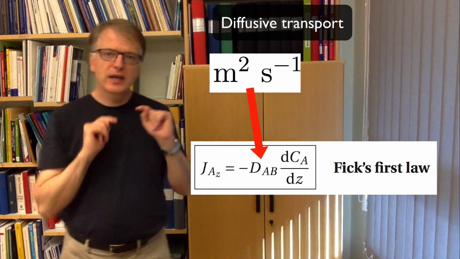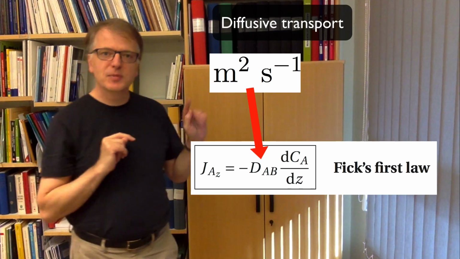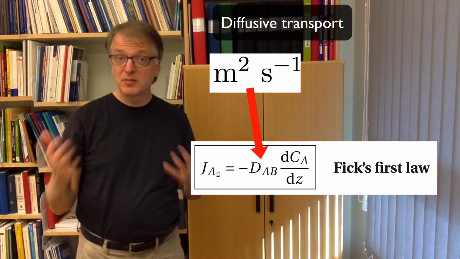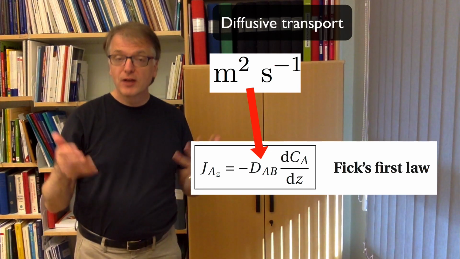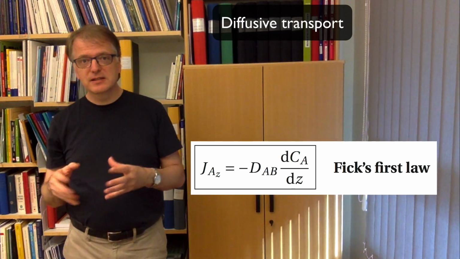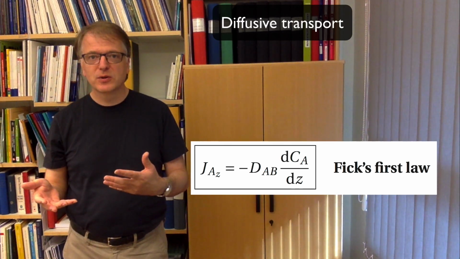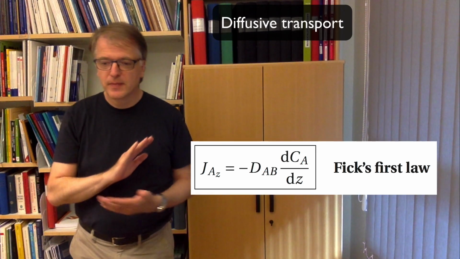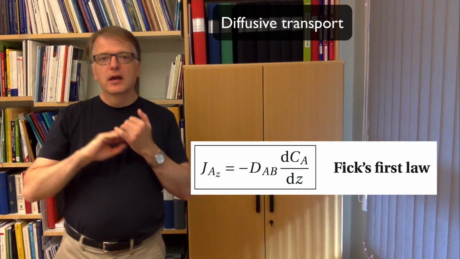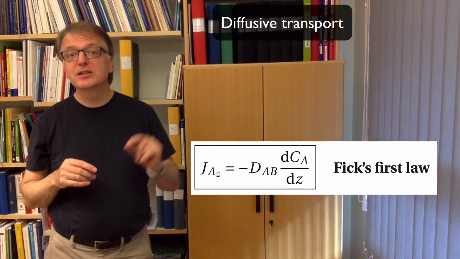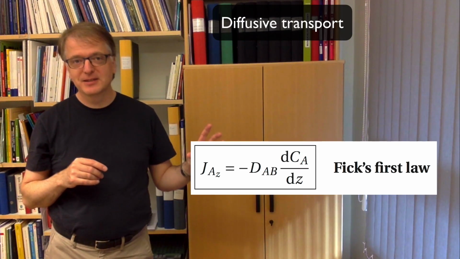But if you take the diffusivity and divide that with the distance, so square meter per second divided by meter, then you get meter per second, a velocity. So the diffusivity says something about how fast things are going if you know the distance. So to use diffusivities, you need to know something about that distance.